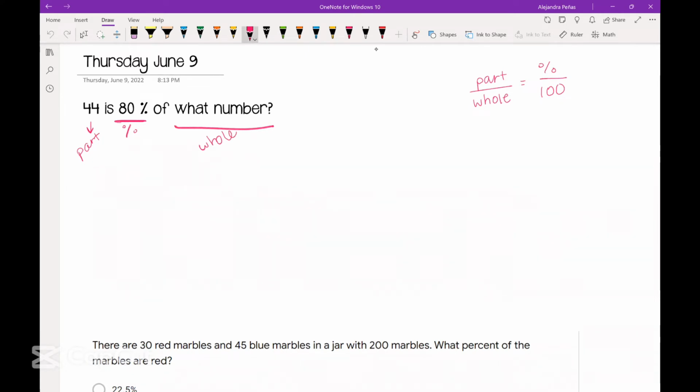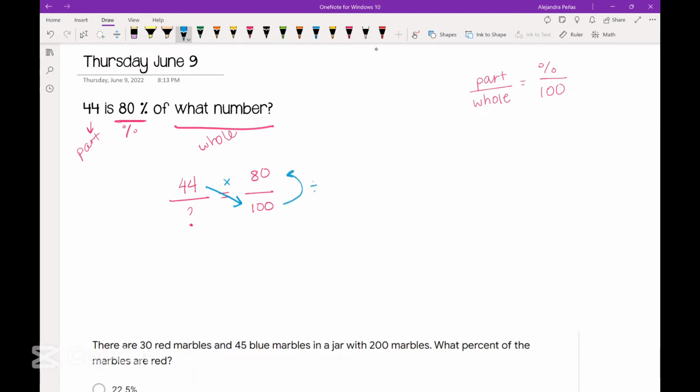Now we're just going to use our percent proportion. We're going to have 44 over, we don't know, equals 80 over 100. To solve a proportion, all you need to do is cross multiply and divide. So we cross multiply here and then divide our answer by 80.